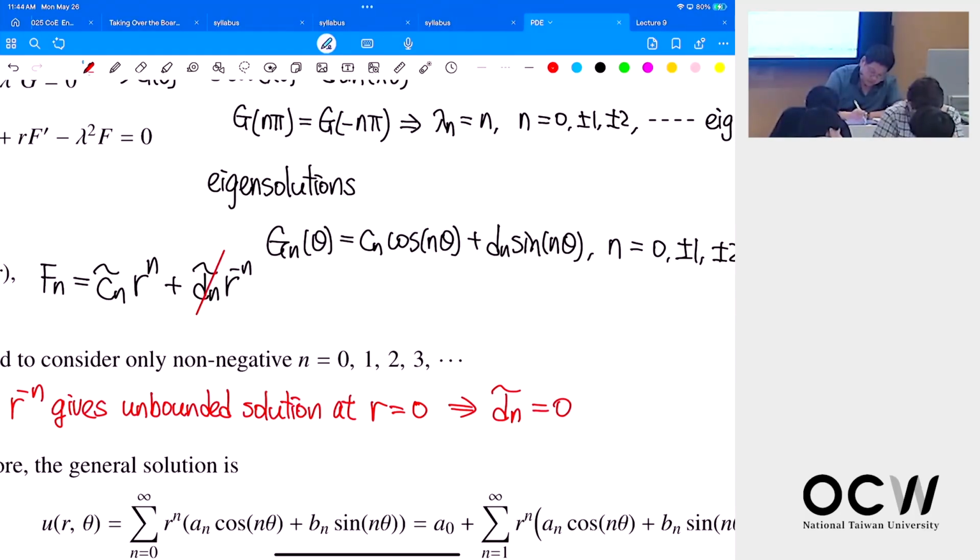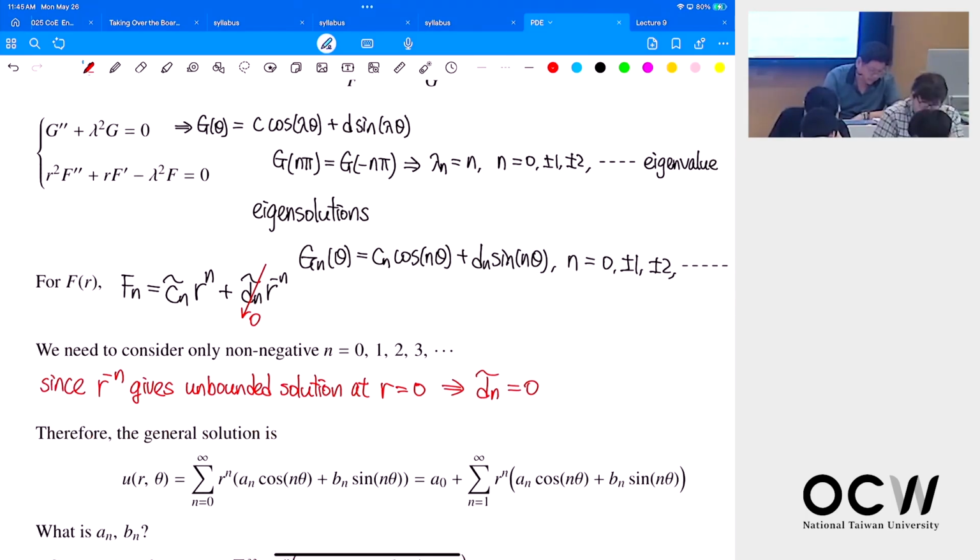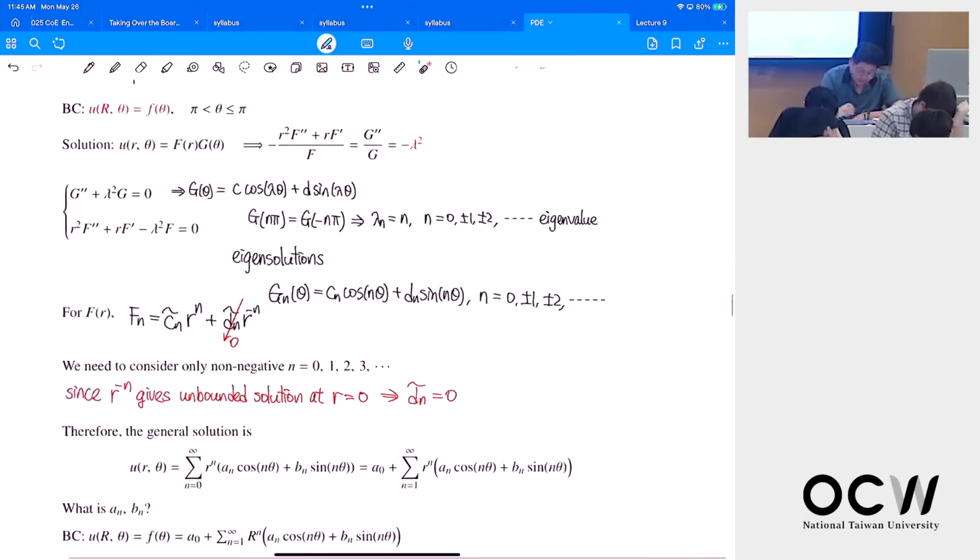So this goes to 0. Then our general solution will be r to the n times the linear combination of cosine and sine.